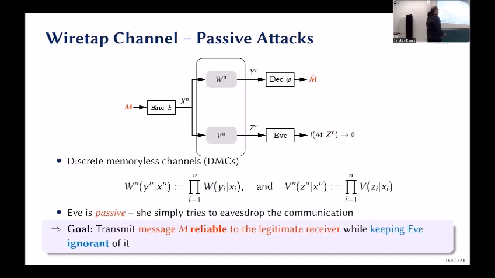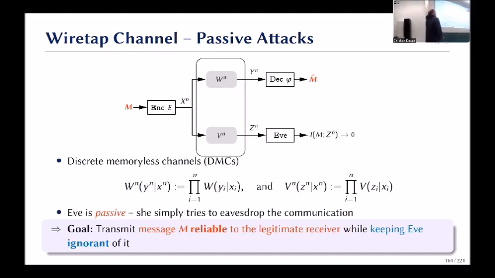Again, I remind you that means that the transmission probabilities are memoryless, so we can write every symbol as a product here, and this holds for the channel W and also for the channel V. We assume that Eve is passive, so she doesn't do anything. She just listens to the channel and tries to interrupt the communication. Our goal is now to transmit the message M reliably to the legal receiver while keeping Eve ignorant.